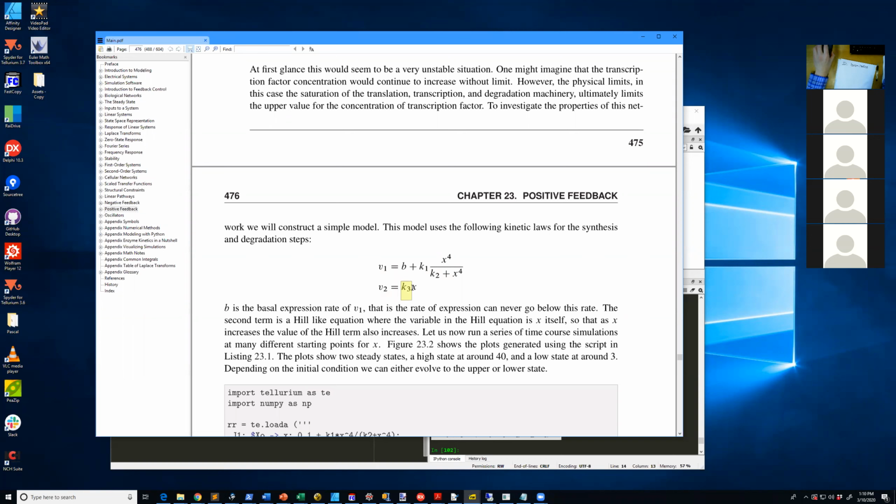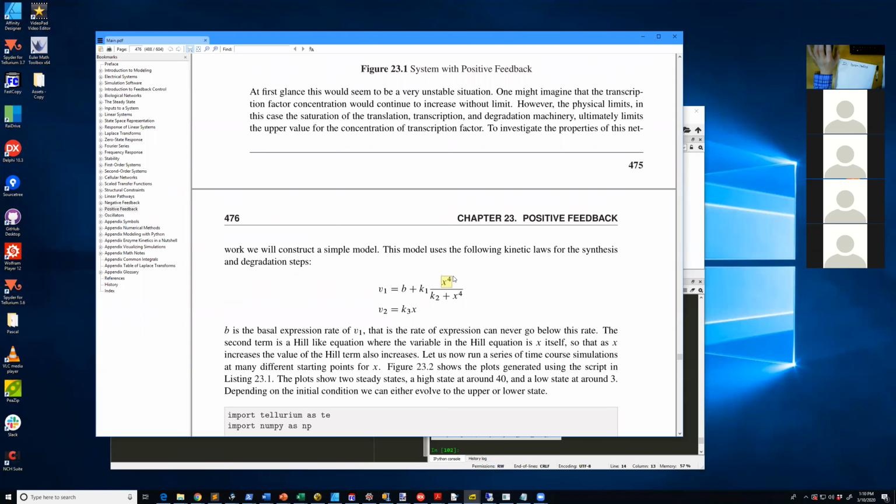I have a simple mass action rate law for V2, and a Hill-like equation for V1, and a basal rate B, which basically lifts everything from 0. I'm raising X to the power of 4. That gives the response a fairly sharp change, a steep slope, which is what I need.